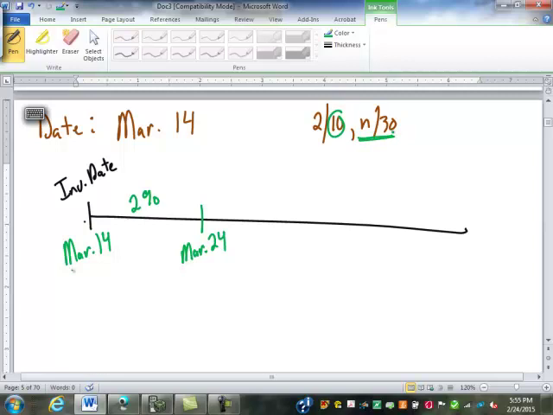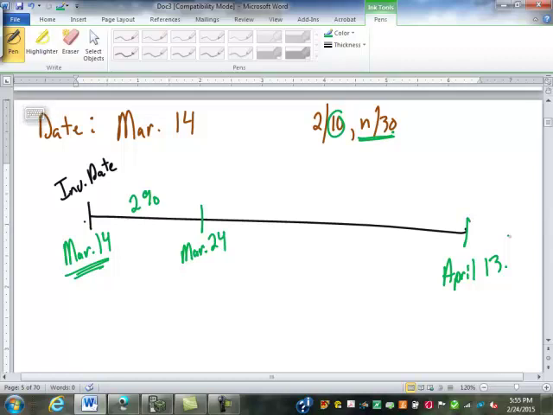That 30 days goes back to the invoice date. 30 days from March 14th would be... March has how many days in it? 31 in March. So it's going to be April 13th.